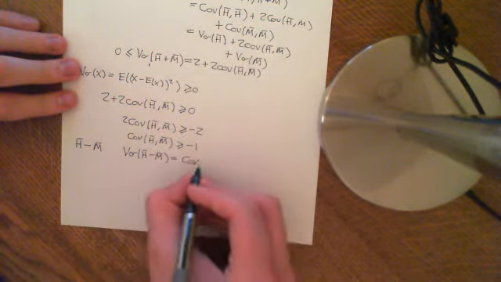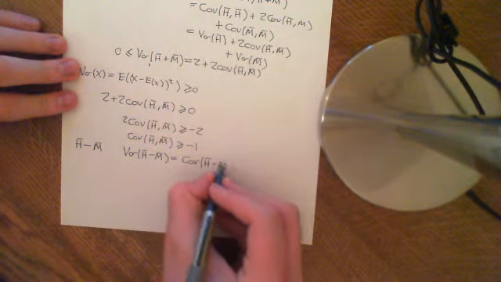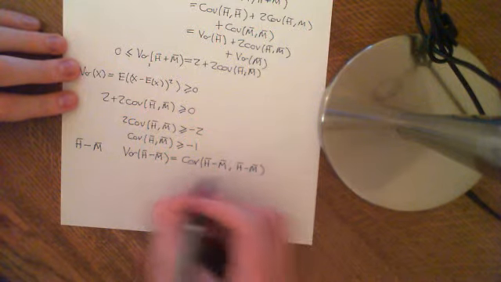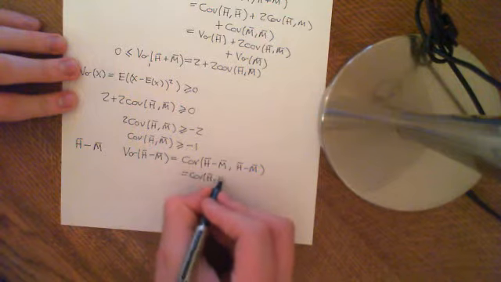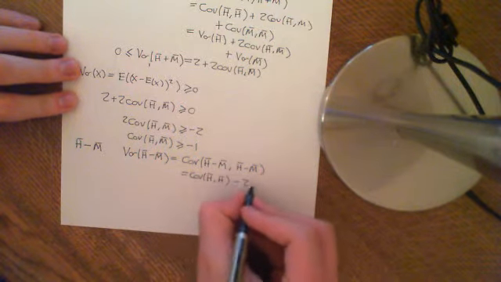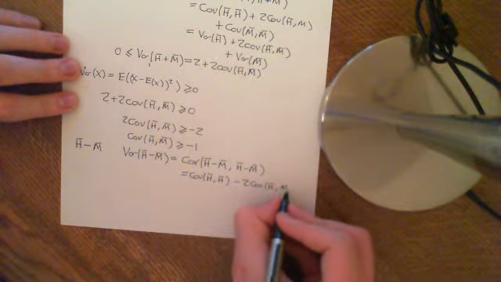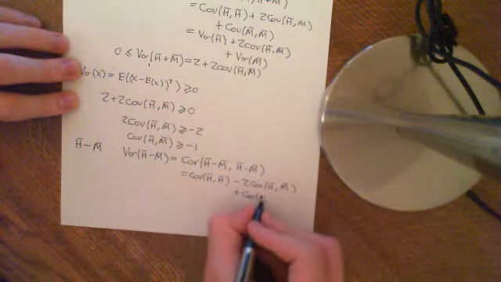This, by the properties of covariance, is just equal to the covariance of h bar minus m bar with h bar minus m bar. If you expand that, you get the covariance of h bar with h bar, minus 2 lots of the covariance of h bar with m bar, plus the covariance of m bar with itself.